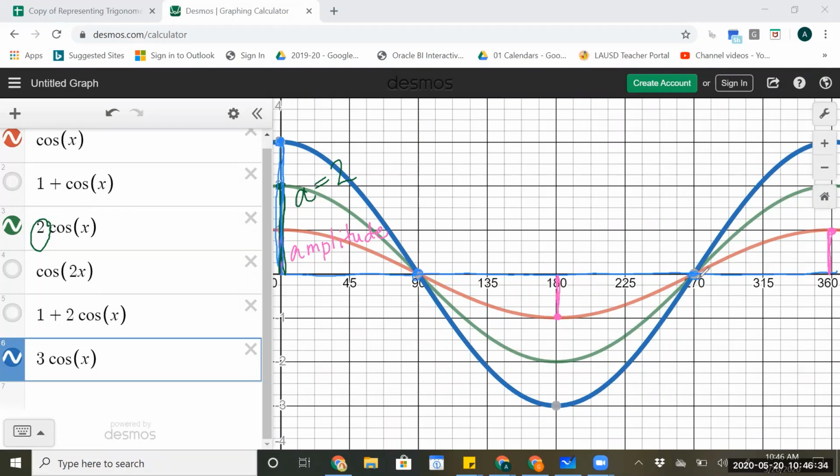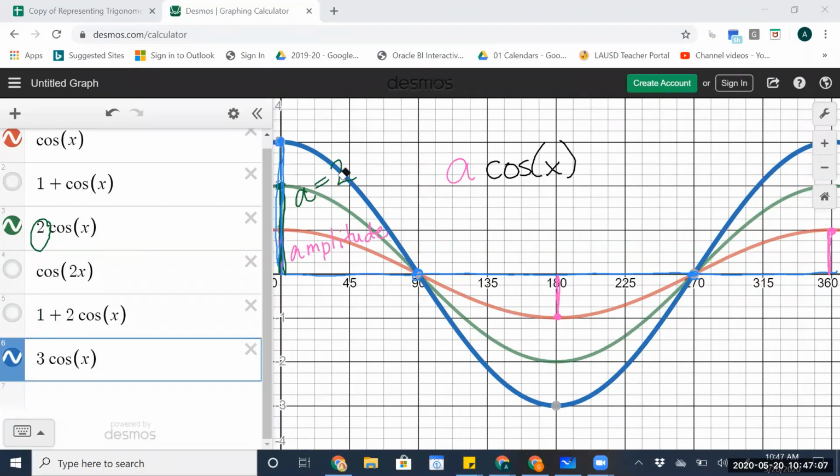So it's very clear now that we can probably assume amplitudes are written as the coefficient of our trig function. So let's go ahead and write that in for ourselves, just so we keep track of that. So I'm going to use pink for amplitude. Amplitude times our parent function, which is cosine x. Okay, so let's keep that one in mind as we continue to work through these.